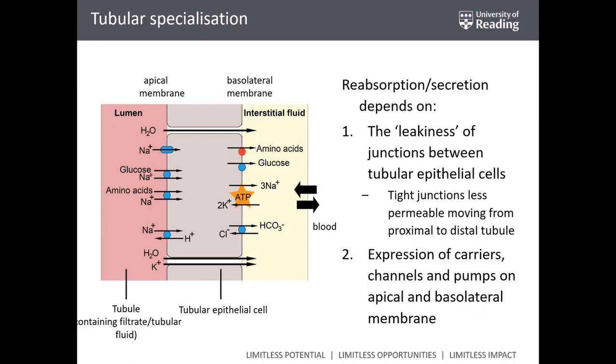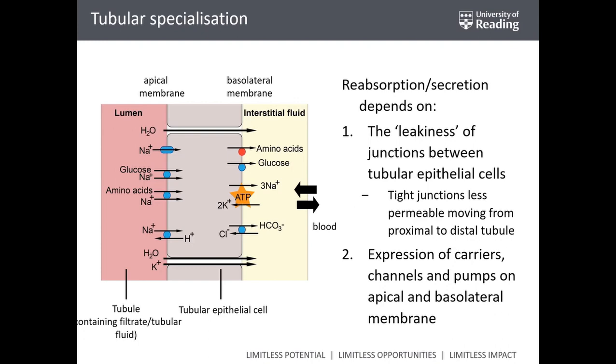So the junctions between epithelial cells can be loose and let water flow through adjacent cells, or they can be tight, okay? And tight junctions are less permeable to the movement of substances, including water.